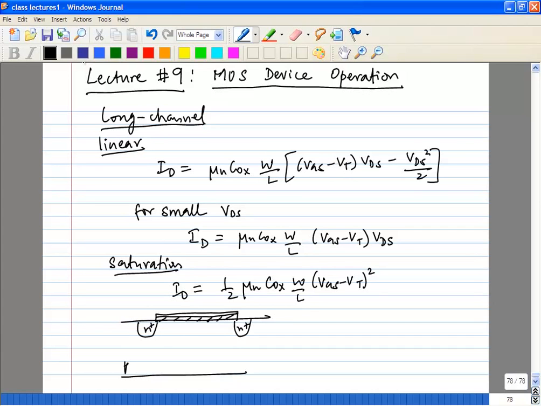Once VGS crosses VT, you have the channel, and the channel is uniform when VDS is 0. Let's call this the source and this the drain. On the drain side, the channel starts to pinch off. The boundary between the triode region and the saturation region is when pinch off happens. After that, you no longer have a channel at the drain side, you only have it at the source side.